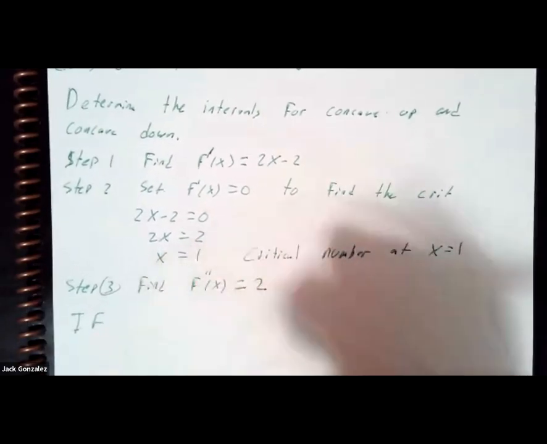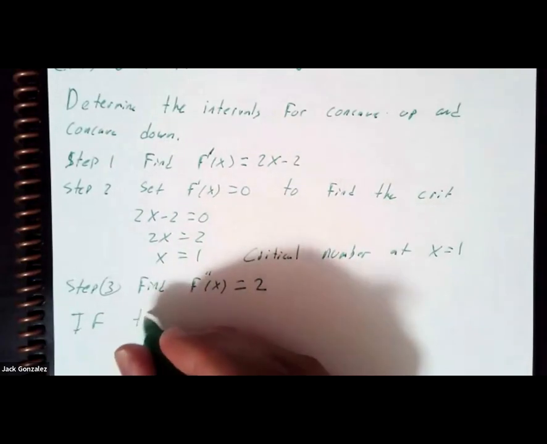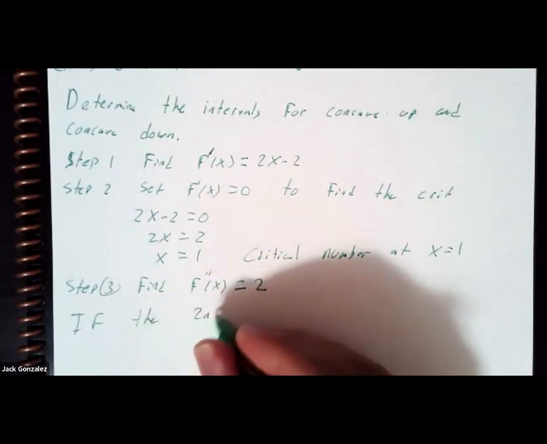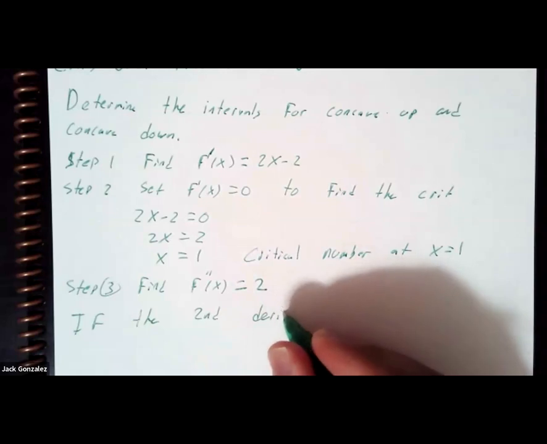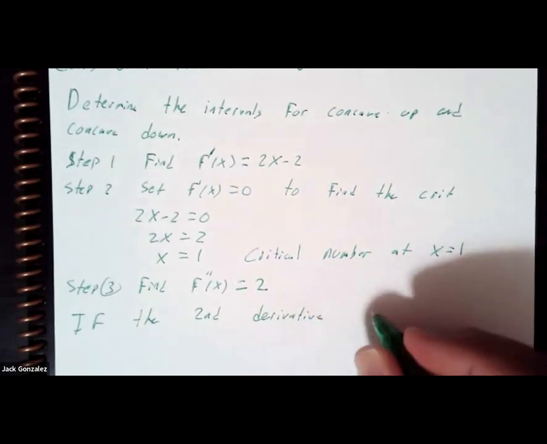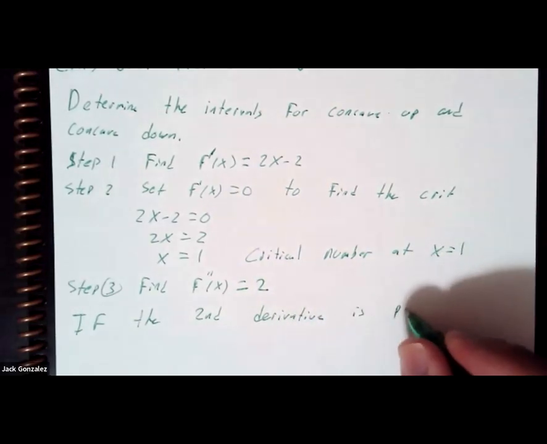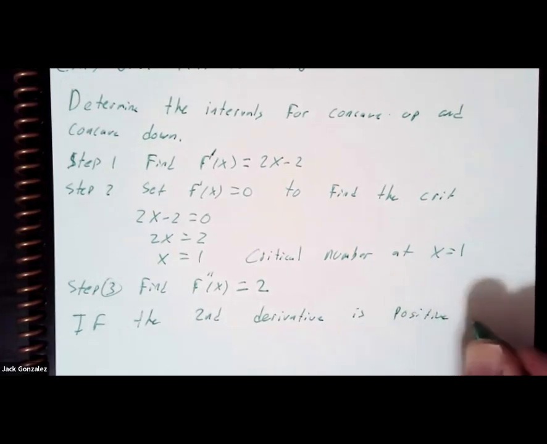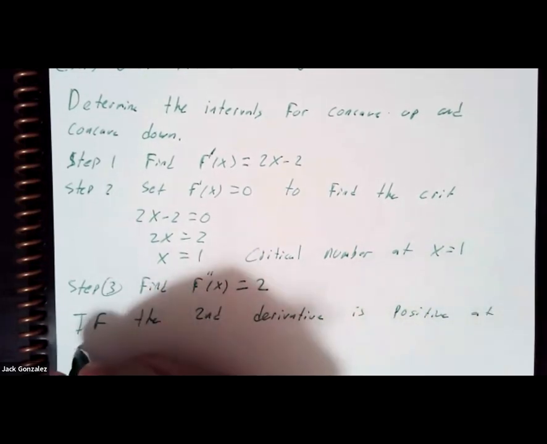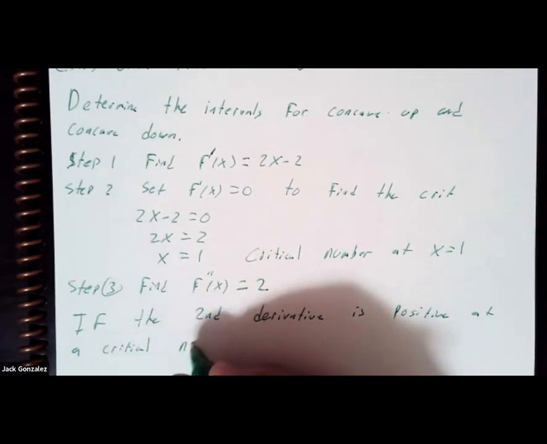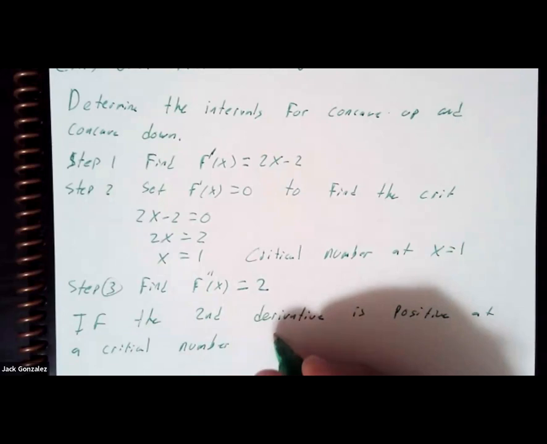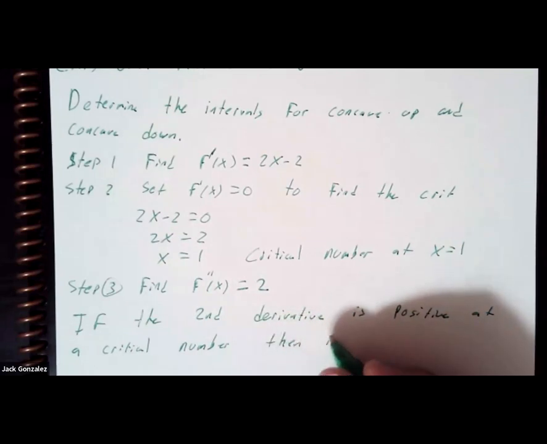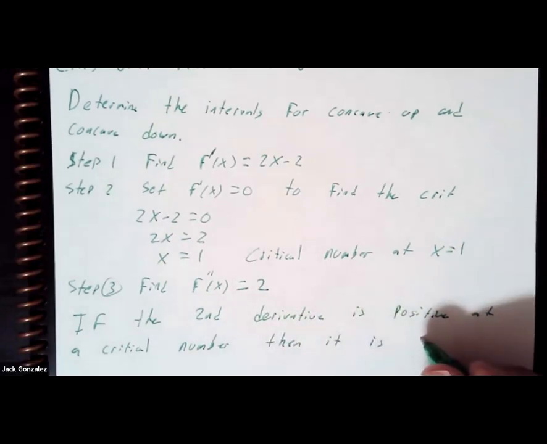If the second derivative is positive at a critical number, then it is concave up.